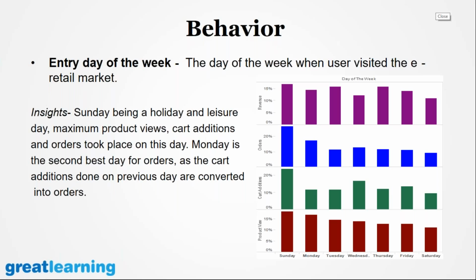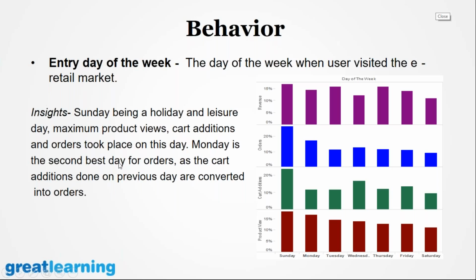Now what this tells us is, when we are at our leisure time on Sundays, or maybe some campaign goes on Sundays, because there is a flea market campaign on Sundays, that actually increases this. Other days we see relatively fewer orders than Sundays.